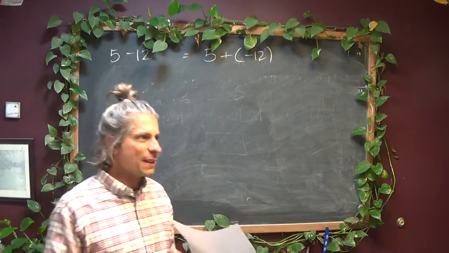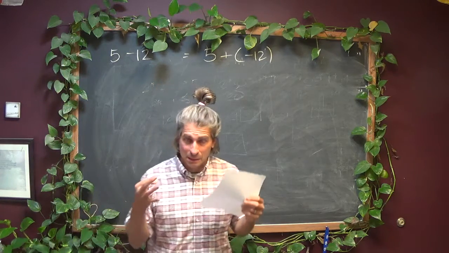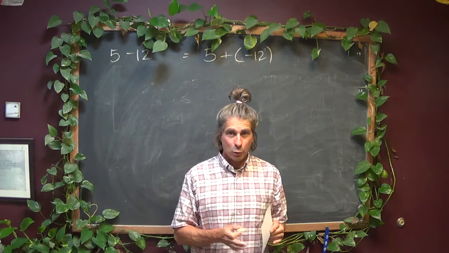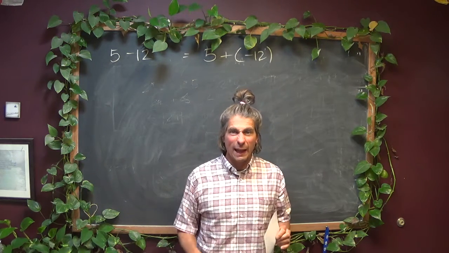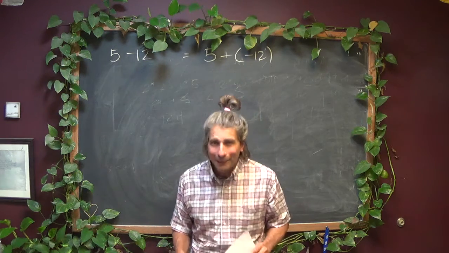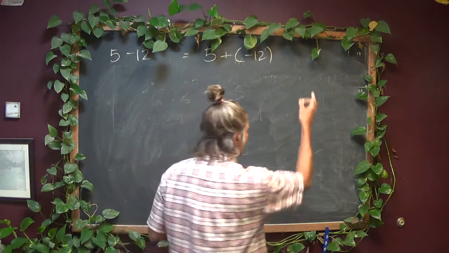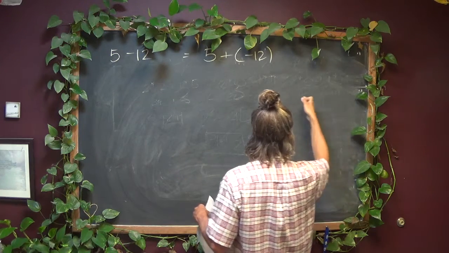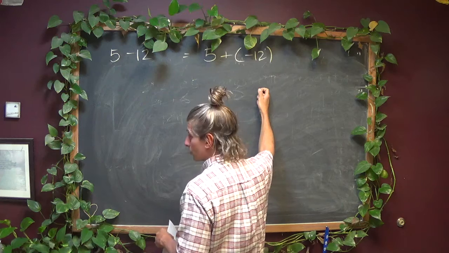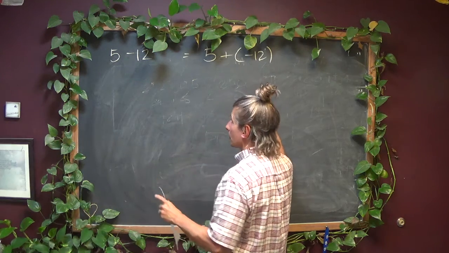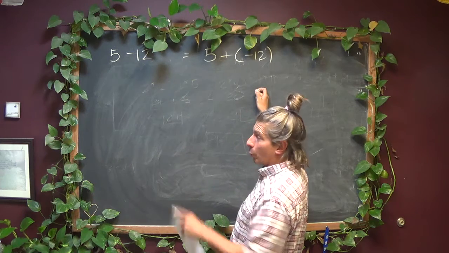The way I think to establish it is to break it back to as basic as possible. If you start at 5 and move 12 places to the left, I'm pointing to the right, hopefully that looks left on your camera. If you start at 5 on a number line and move 12 places, 4, 3, 2, 1, 0 puts you 5 down, and you've still got to go 7 more to drop 12.